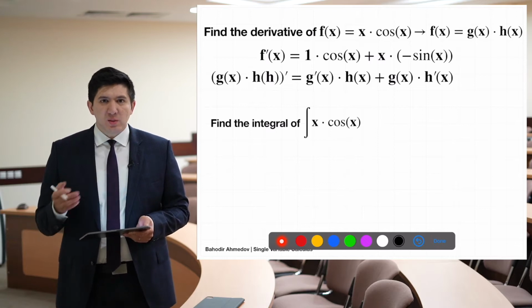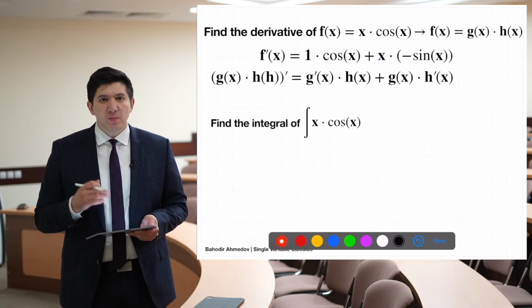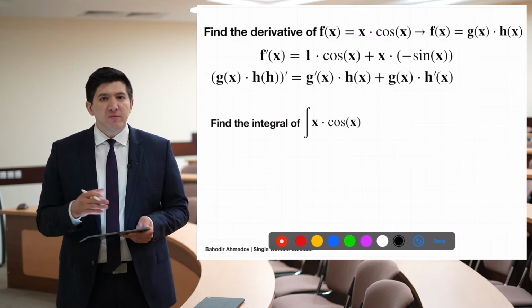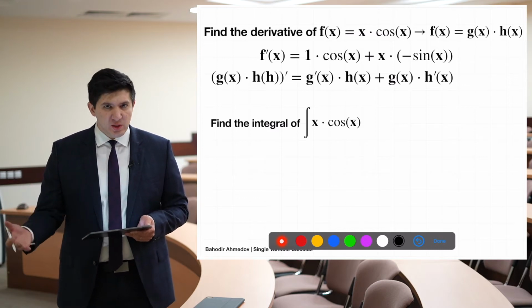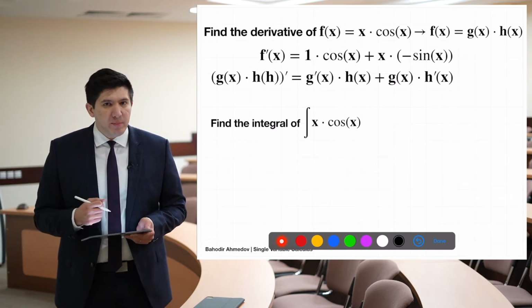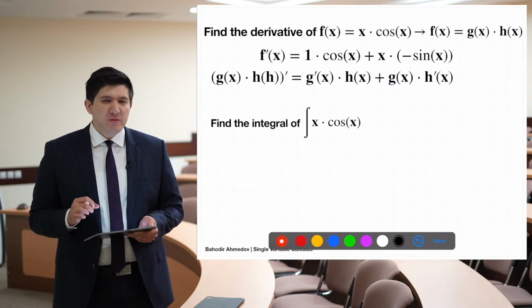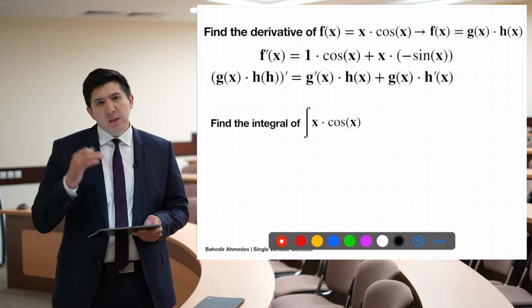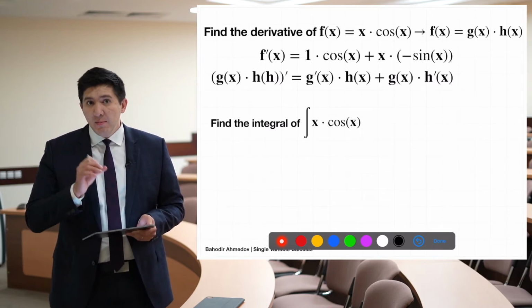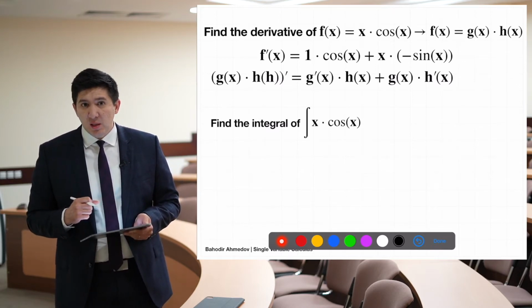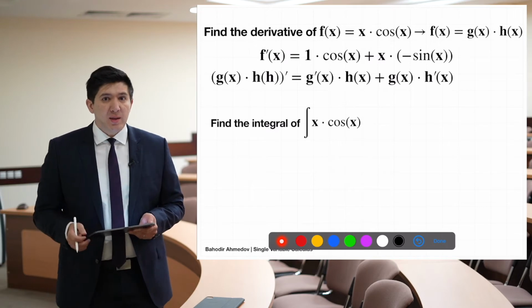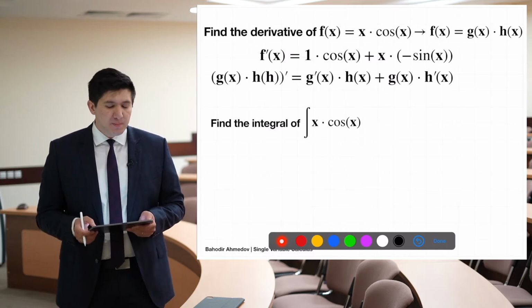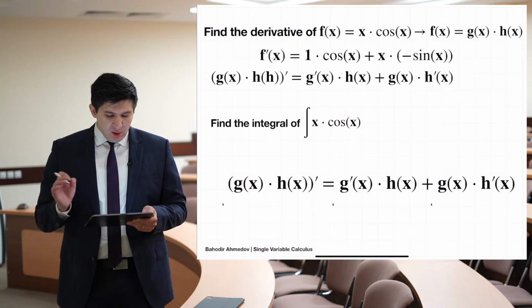Well, it appears we are going to use the so-called integration by parts method when you are given the multiplication of two functions and you need to get rid of one of them. This is going to be our motivation, and you need to always memorize this. If I can get rid of one of the functions in my multiplication of two functions inside my integration, then just go ahead and use integration by parts. So let's do this method.